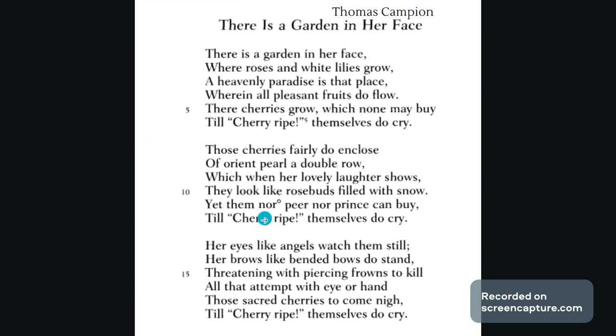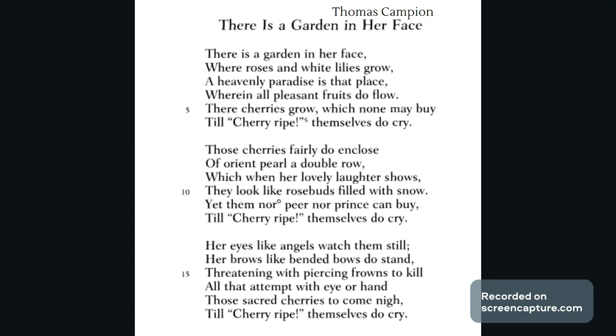But here precisely we can draw attention to this one, a pair of double rows. When the poet says an orient pair of double rows, he means the teeth of the lady.